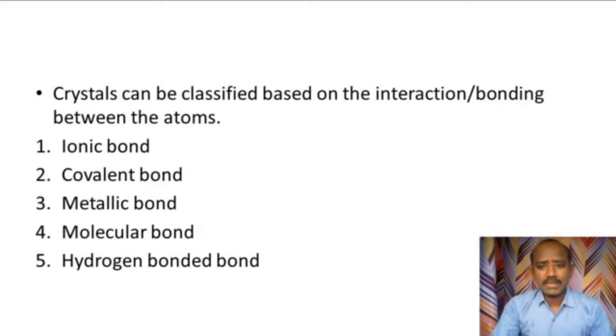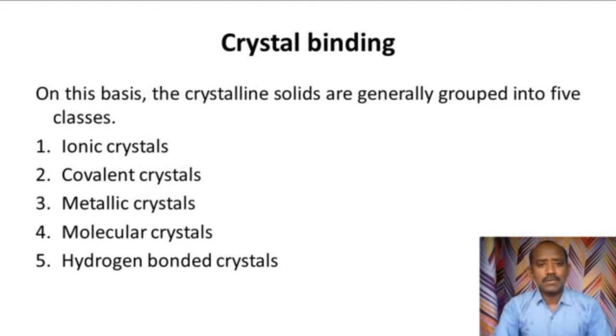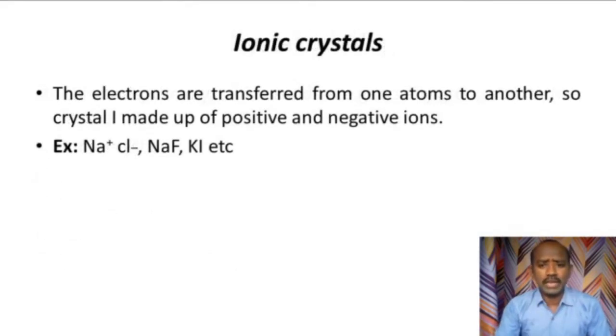So with these 5 types of bonds, the crystals are classified as ionic crystals, covalent crystals, metallic crystals, molecular crystals and hydrogen bonded crystals. We are not going into detail about these crystals because you might have studied this crystal bonding in chemistry, but only a brief explanation of these crystals will be given in this session.